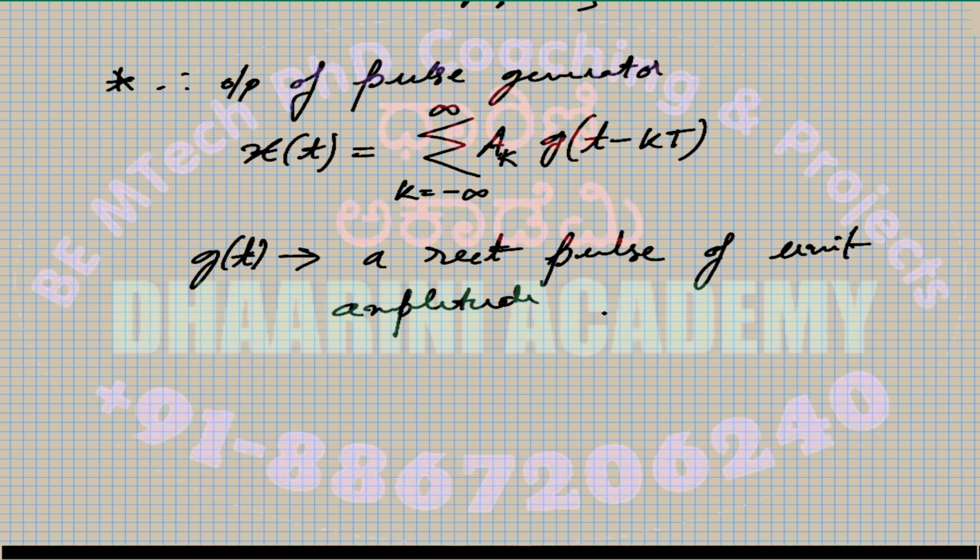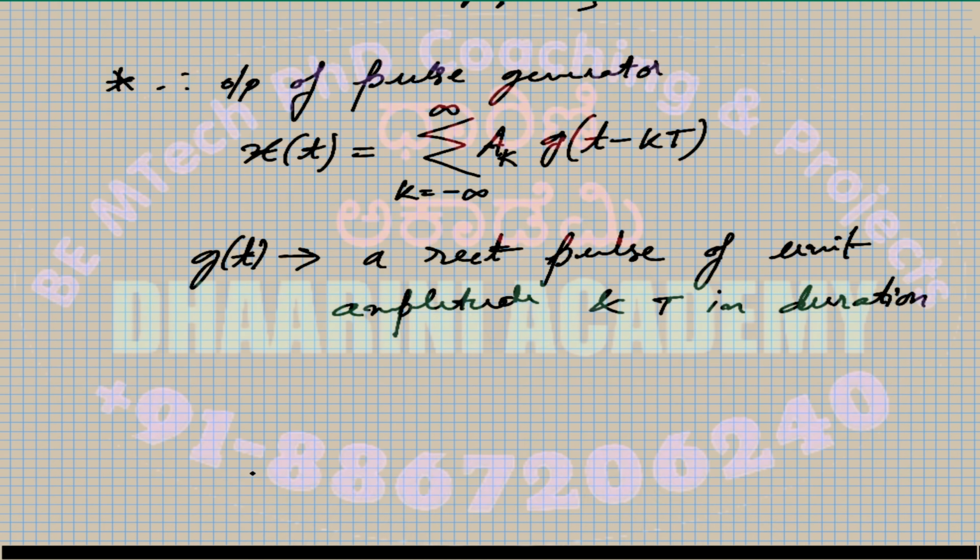So you just have to multiply that AK with 1 over here. So you consider the rect pulse amplitude as unity. All right. Then amplitude is 1 and T in duration. The duration of the pulse is expected to be capital T. So that's what G of t is.